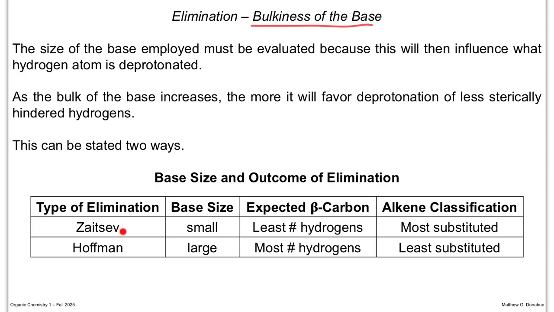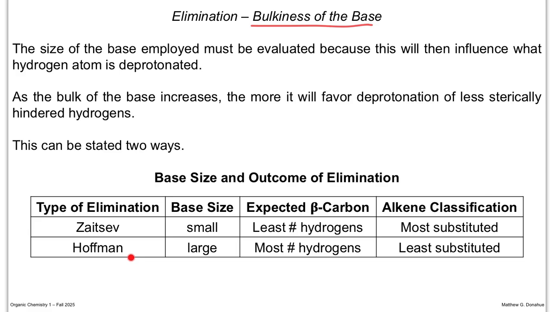A Zaitsev elimination uses a small base, meaning that it's going to go for the more hindered beta hydrogens. That's typically the beta carbon with the least number of hydrogens. The outcome of that is the more substituted alkene.